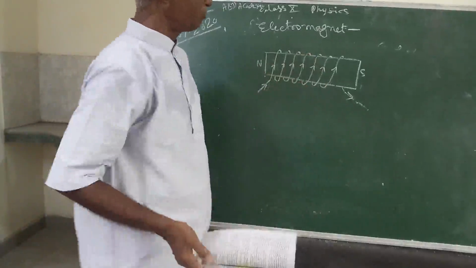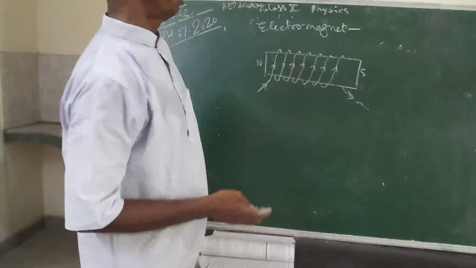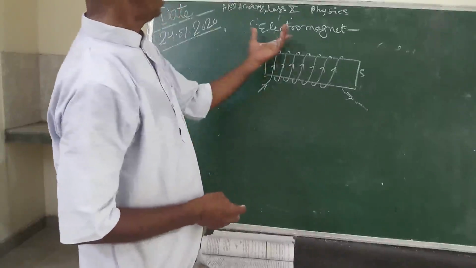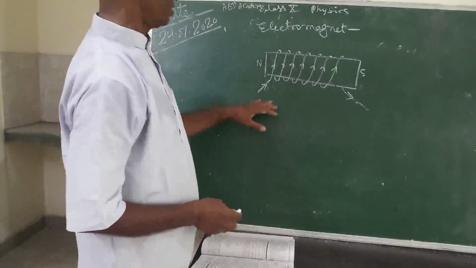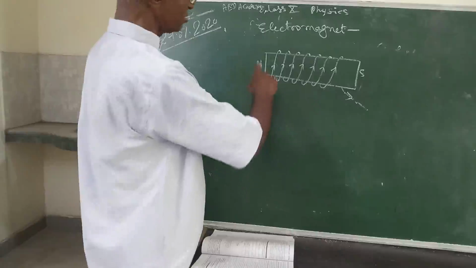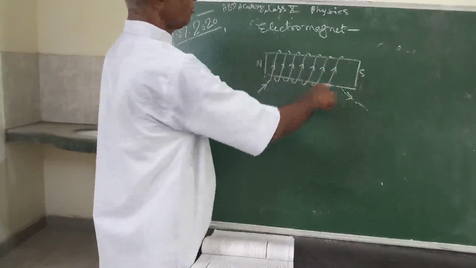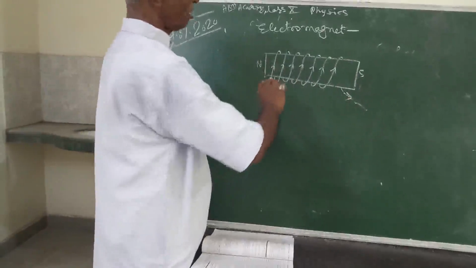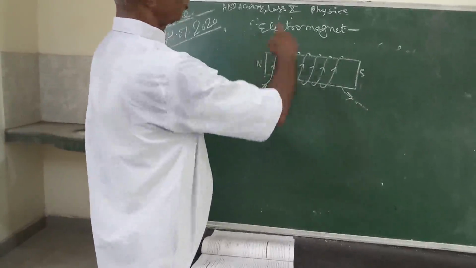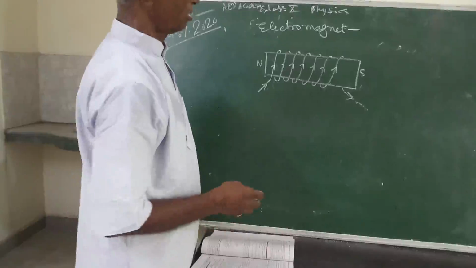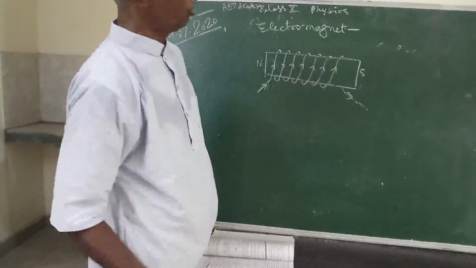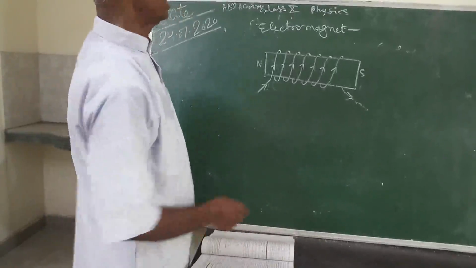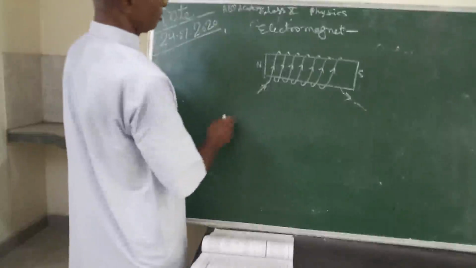And when current is passed through this arrangement, it behaves like an electromagnet. This arrangement is called an electromagnet. It means when insulated copper wires are wound over a non-metallic reel, and electric current is passed through it, it behaves like a magnet. The arrangement is called an electromagnet.